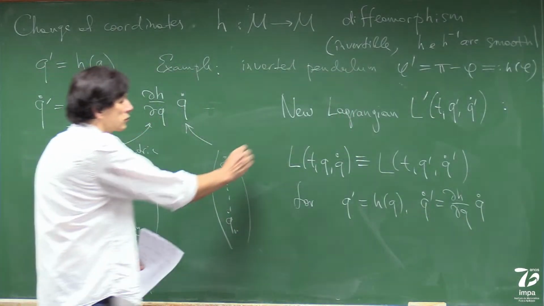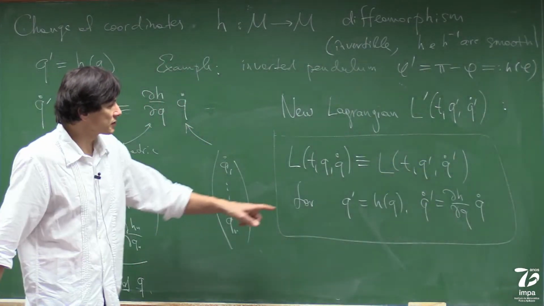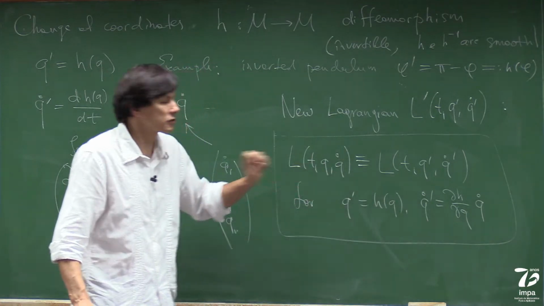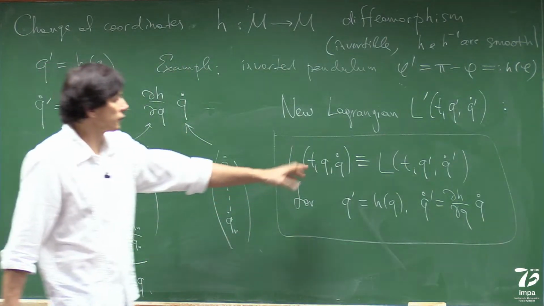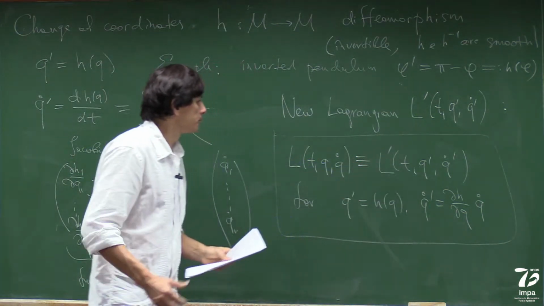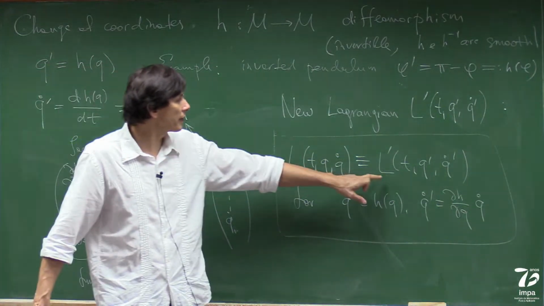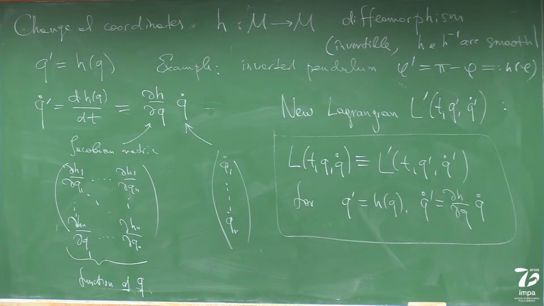So that's the condition for how you find the Lagrangian. The same configuration should give you the same value, and then from this relation you find the new Lagrangian, L prime. Then you rewrite the equation of motion, the earlier Lagrangian equation, in new coordinates.